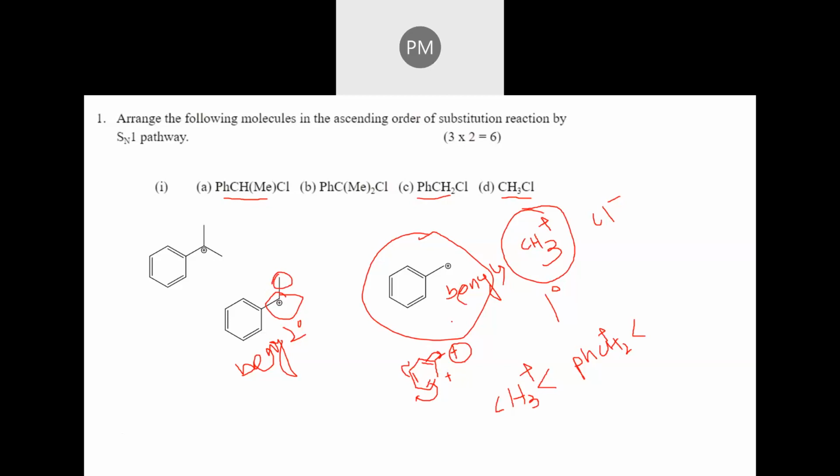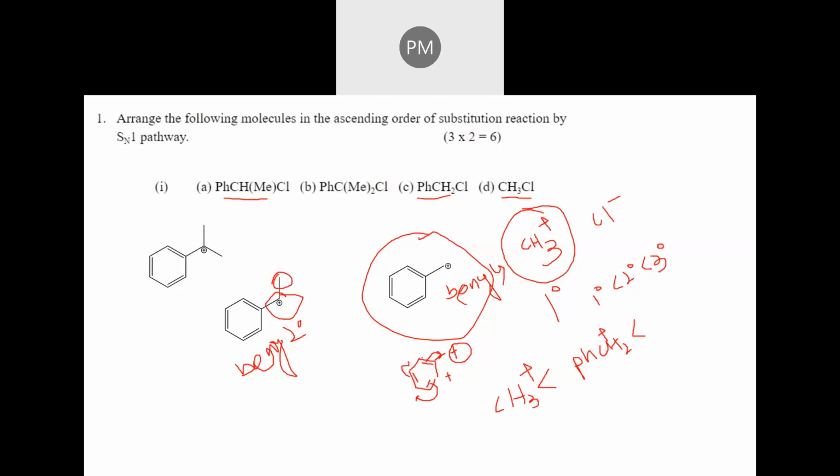As you know, for the SN1 reaction, among 1 degree, 2 degree and 3 degree carbocations, 1 degree is less favored, 2 degree is more favored, and 3 degree is much more favored for the SN1 pathway.